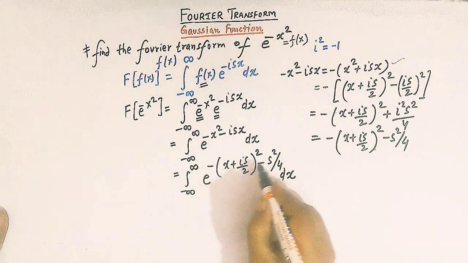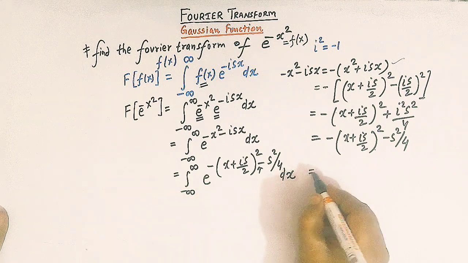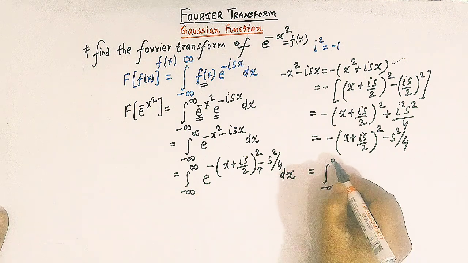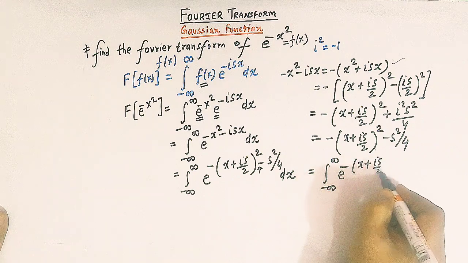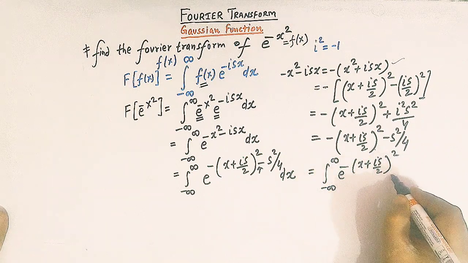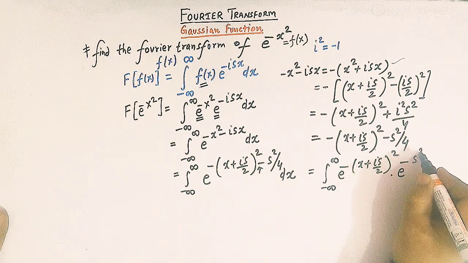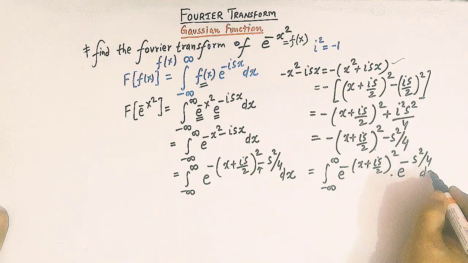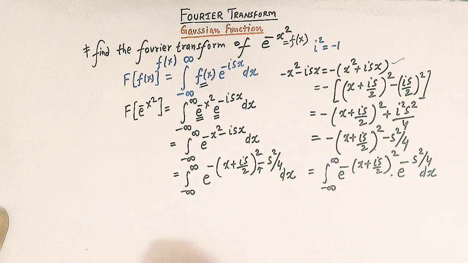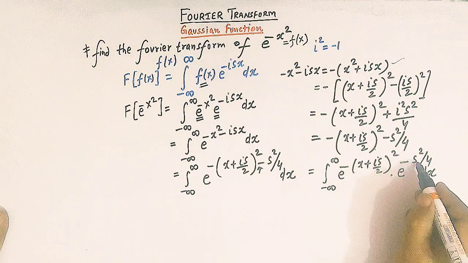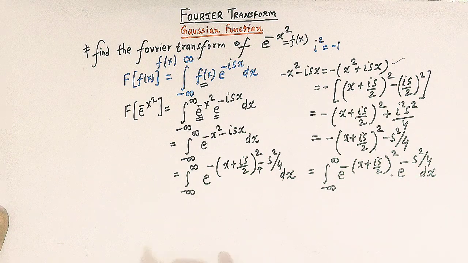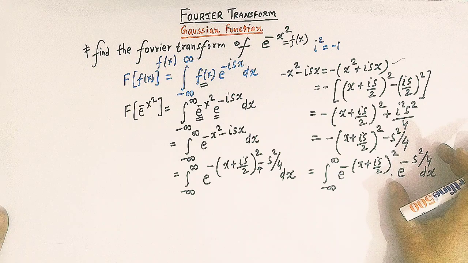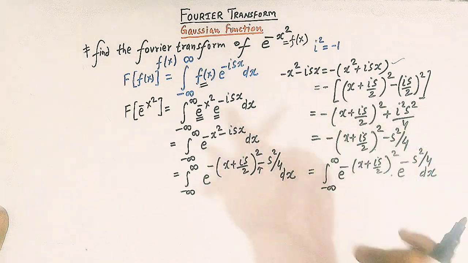Now splitting this term at this point, we can write the integral of e raised to minus (x plus is over 2) whole square, and then e raised to minus s square over 4, dx, right? Now e raised to minus s square over 4 is independent of x, or we can treat it as a constant, so we can take it outside the integral sign.